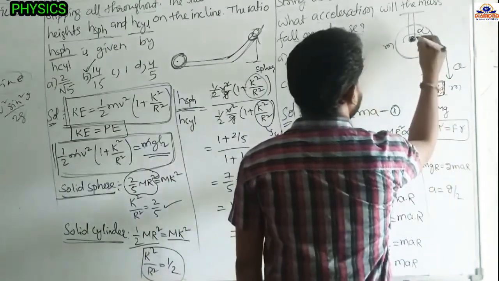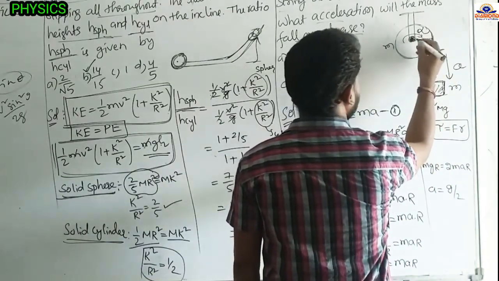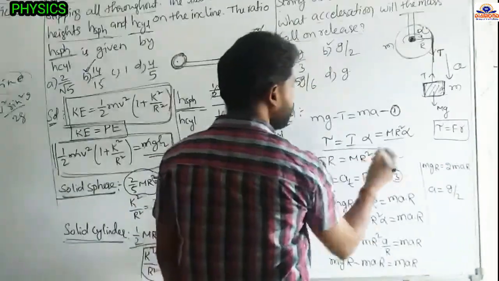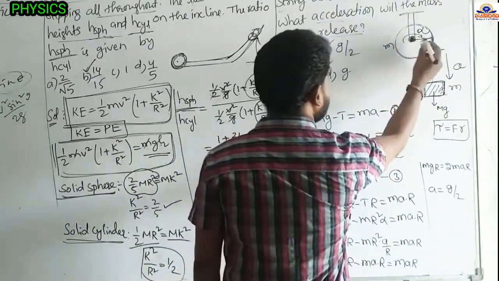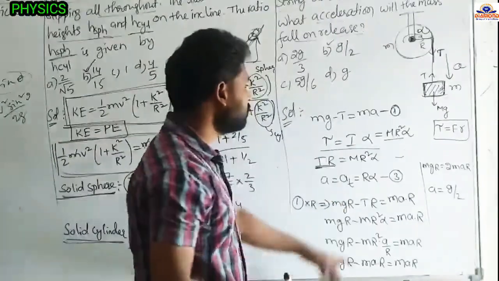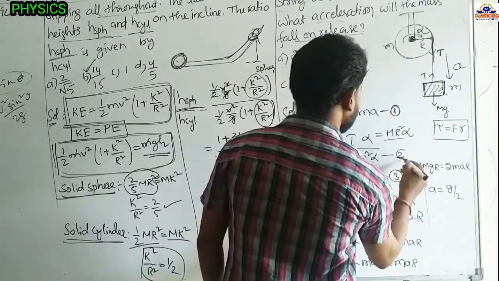The perpendicular distance is nothing but r. So tau equals tension into r. T into r equals mr square alpha. So this is the second equation.